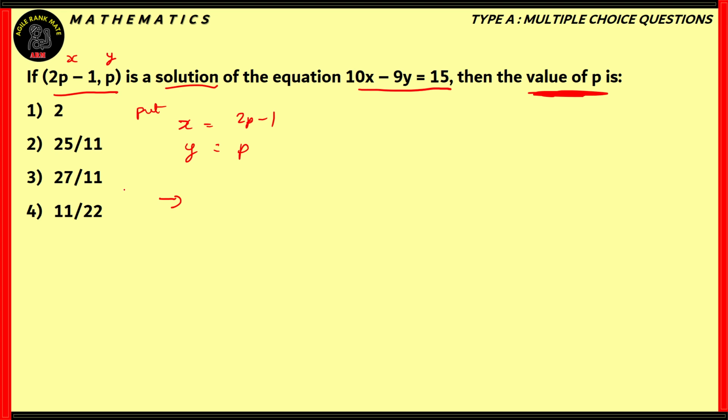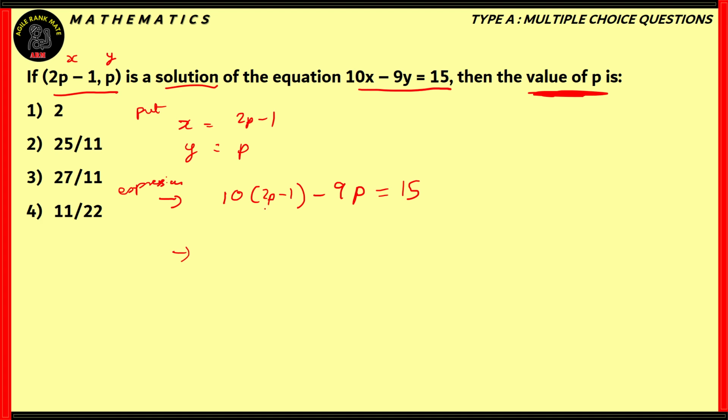Therefore, the expression will read 10 times (2p minus 1), minus, instead of plus it's minus, so let's correct that, minus 9, and the y-coordinate is p, and the right-hand side would be 15.